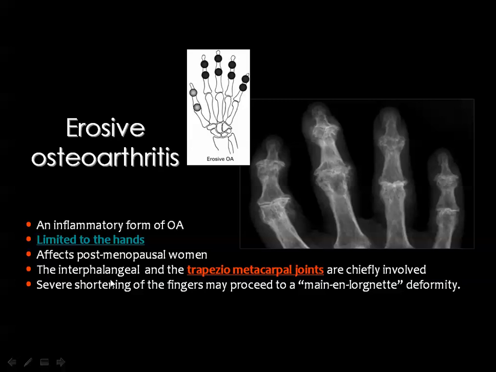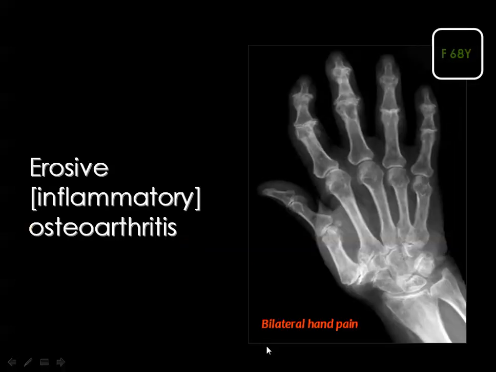The interphalangeal joints, as well as the trapeziometacarpal joints, are mainly affected, and there is sometimes severe shortening of the fingers, producing this main en lorgnette deformity. And you see here the erosive type of osteoarthritis, which is almost closely similar to the degenerative osteoarthritis, especially if you only have the radiographs of the hand.